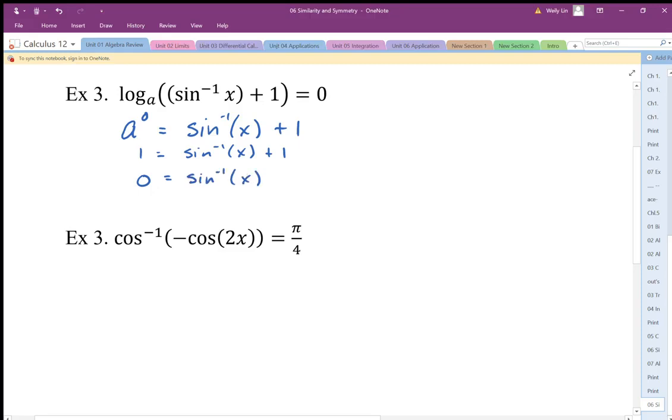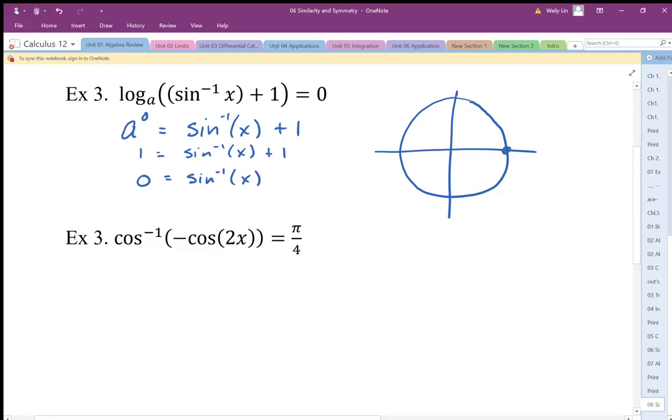Okay, now the x is going to be an angle. Sorry, it's a ratio. 0 represents the angle. So when I draw this out, I should have a visual idea of what I'm working with here. I've got my picture here. I've got my ratio. My angle is 0. So I need to work out what my ratio is, my sine ratio.